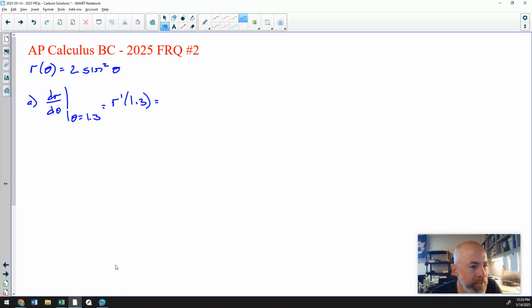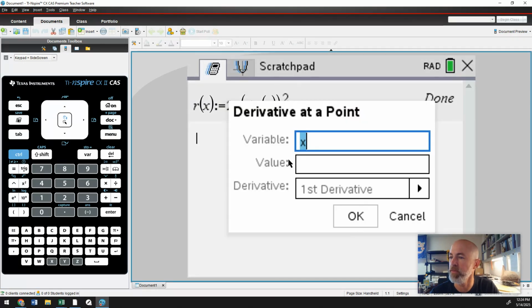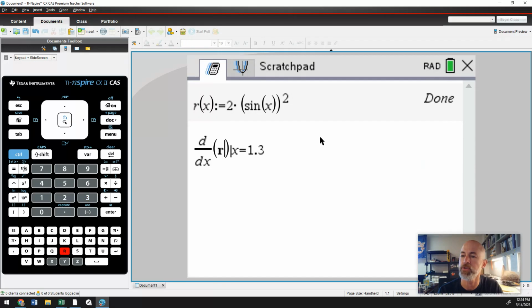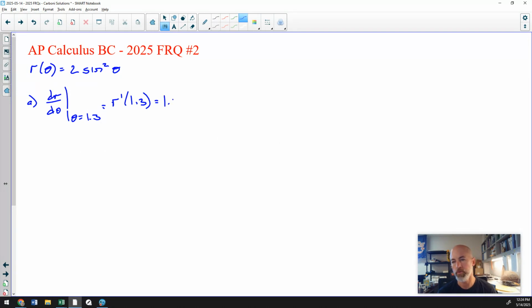This seems too easy. I feel like I'm missing something. All right. Menu, calculus, derivative at a point. I'm using my trusty Inspire here, plugging 1.3 into the first derivative of r of x, and I'm getting 1.0310. There's no interpretation, nothing. I don't like how easy that was, but onward we go.